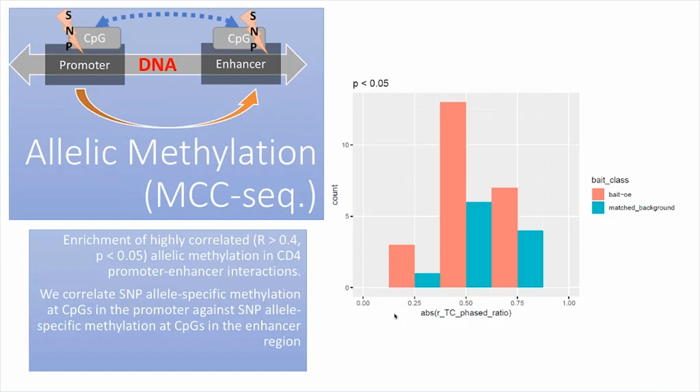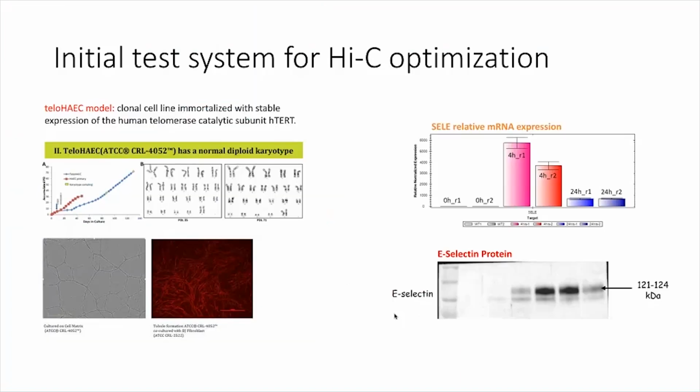So in the 4DN program, what we aim to do now, rather than using these literature-based comparisons to previously published loops, is to generate high-density Hi-C data in parallel with methylation data.